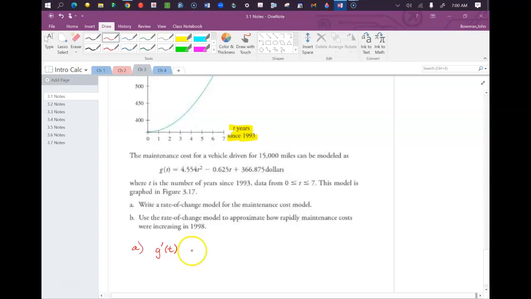So g prime of t, we're going to take the first part. The constant 4.554 can be taken out. Take the derivative of t squared, which is just 2t.